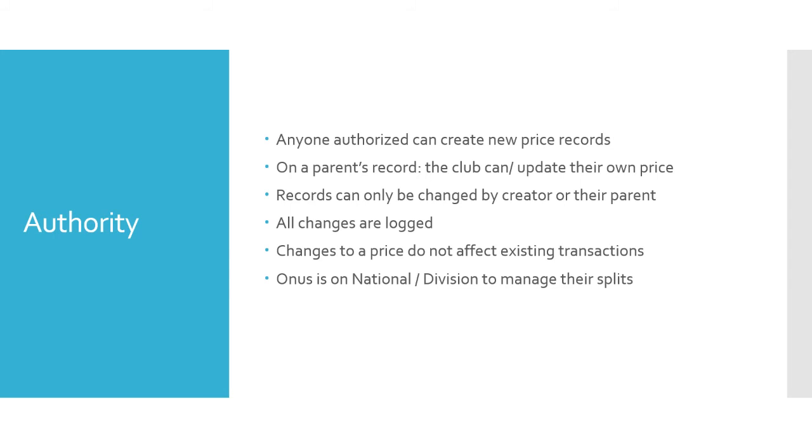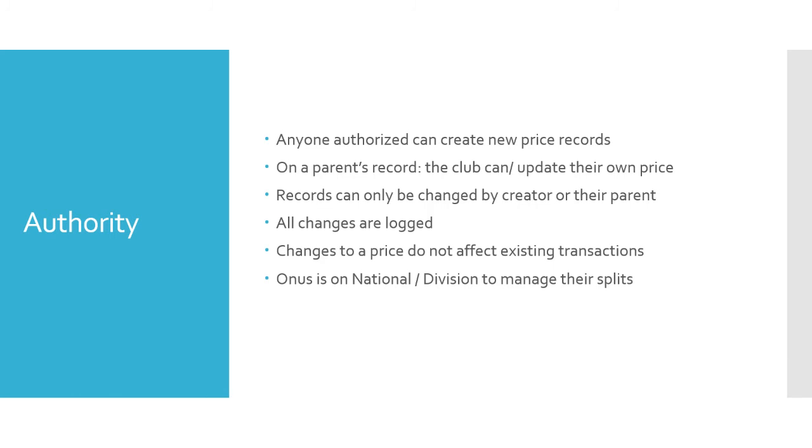So really the club level is only going to be creating prices for things that are really specific to them. So that might be events, especially programs and lessons, and then goods. When they sell goods, they'll have their own prices.